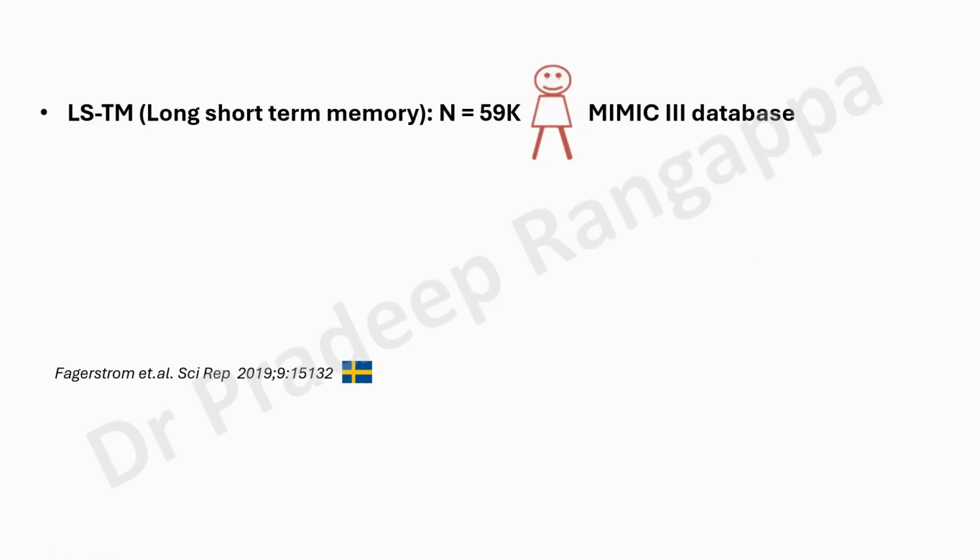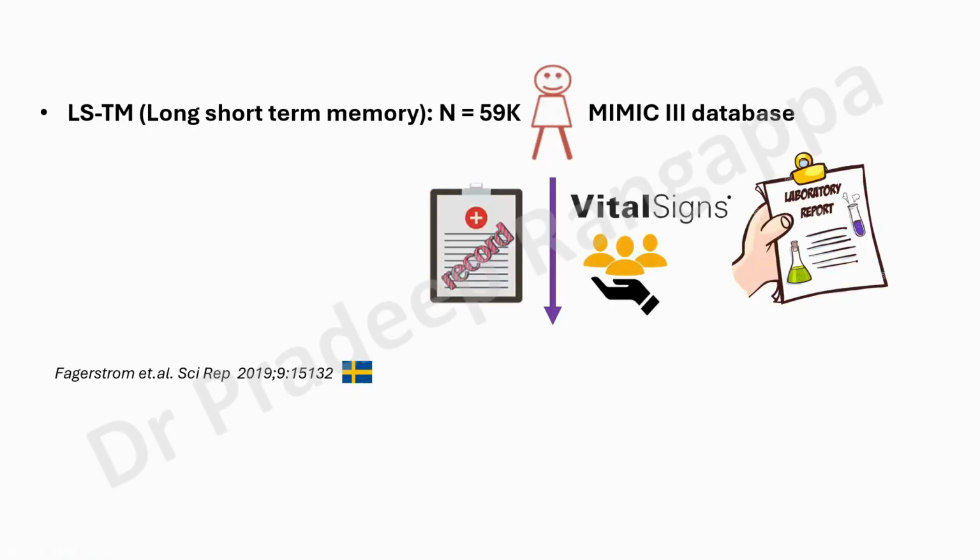Here they took the database of 59,000 patients and made sense of all the recorded findings: the notes, the vital signs, and laboratory data archived in the Medical Information Mart in Intensive Care database.